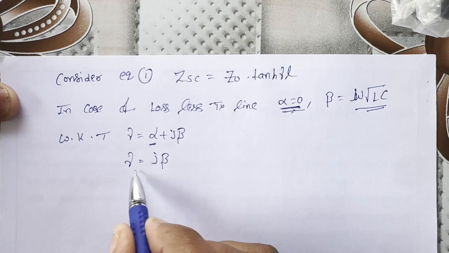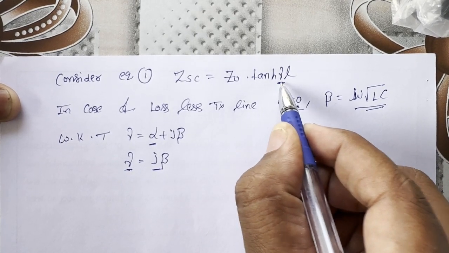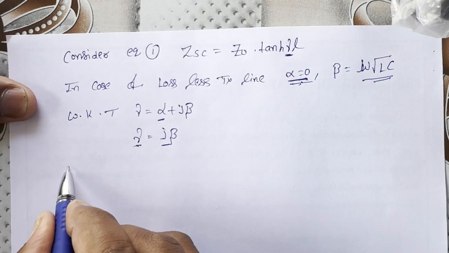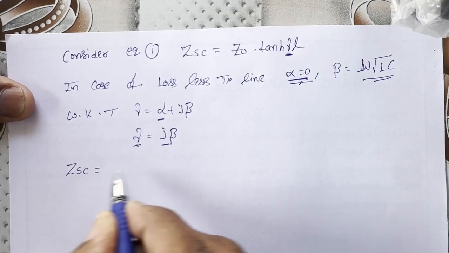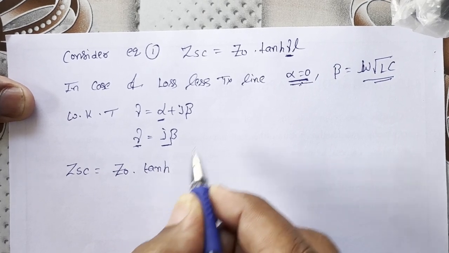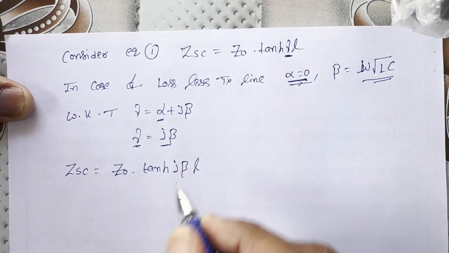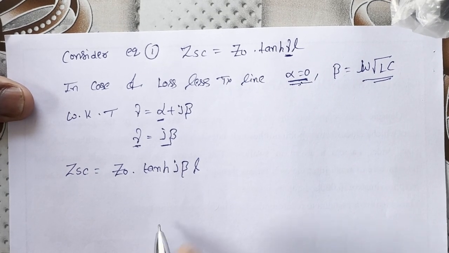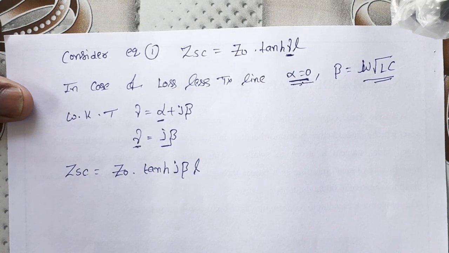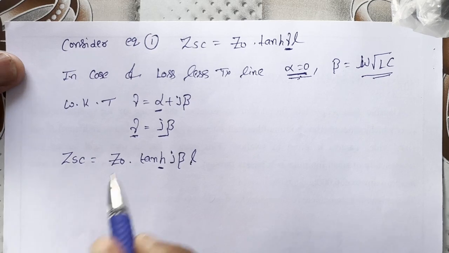Now I am substituting gamma equal to j beta here. Then it will become ZSC equal to Z0 into tan H of j beta L. Now I am converting this hyperbolic function into a normal function.